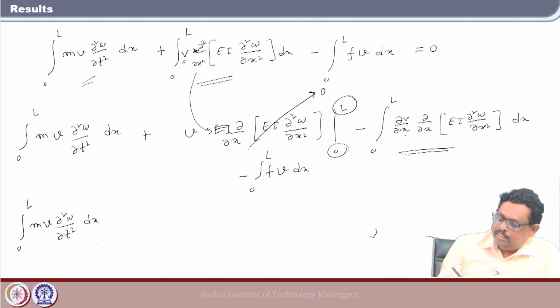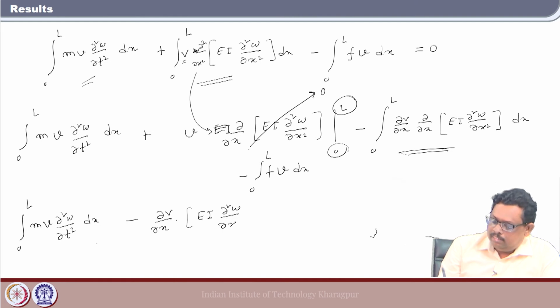Now, again if you do integration by parts, then you will get minus ∂V/∂x and the integration of the second part, which is EI ∂²w/∂x², from 0 to L, and then again plus. Now, it is the differentiation. So, it is 0 to L ∂²V/∂x², and then it is integration.